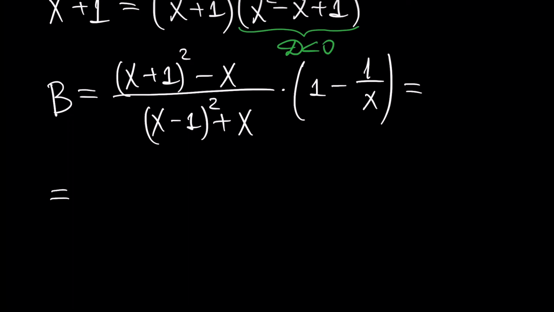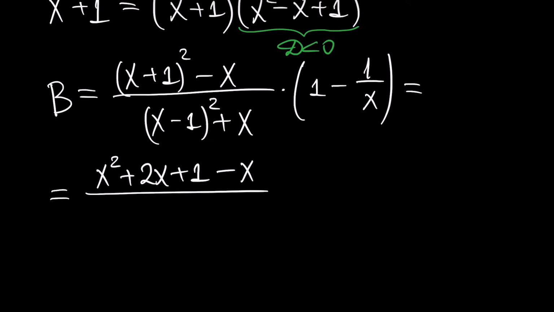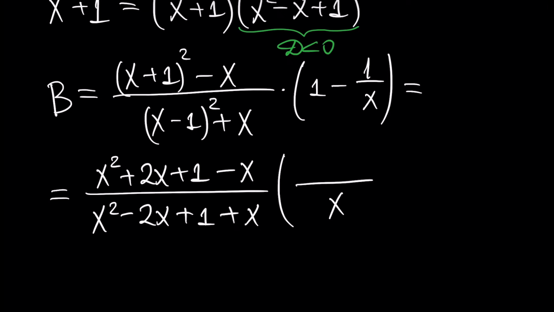We will have x^2 + 2x + 1 - x. In the denominator, we will have x^2 - 2x + 1 + x. And let's rewrite it. Here we will have x in the denominator, and in the numerator we will have x - 1.